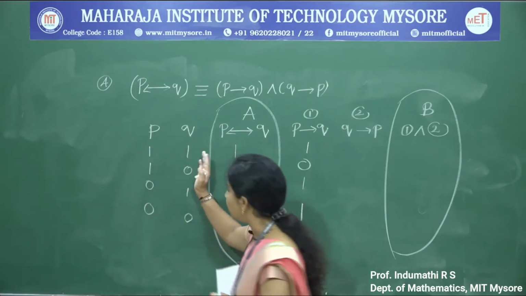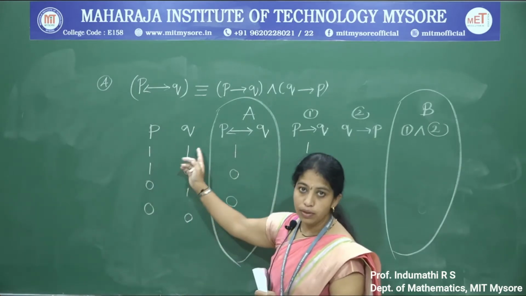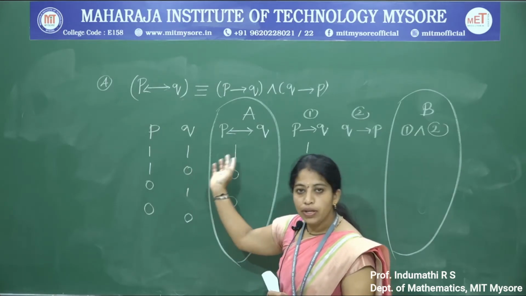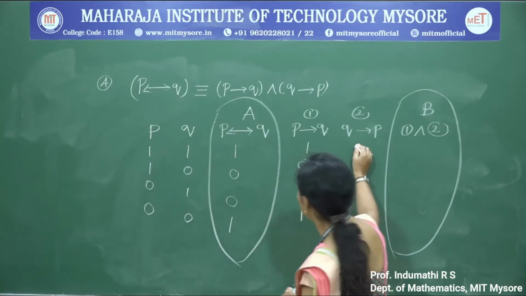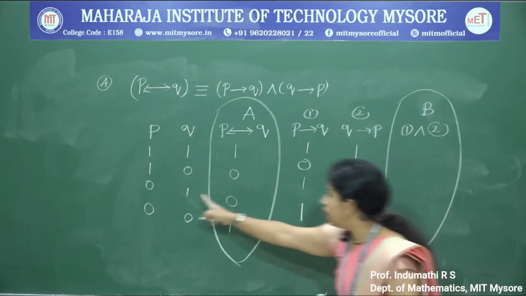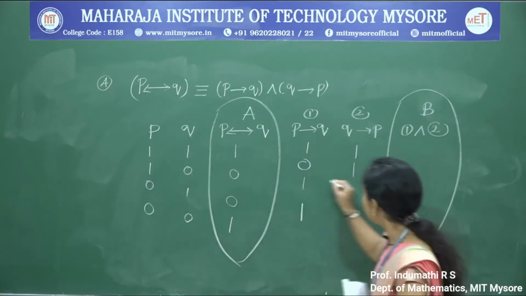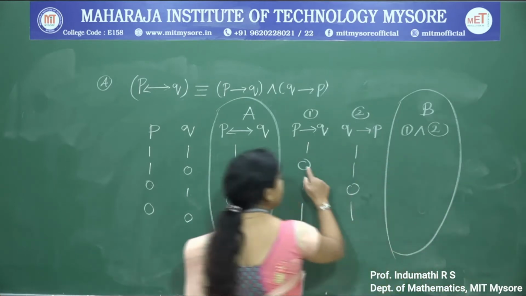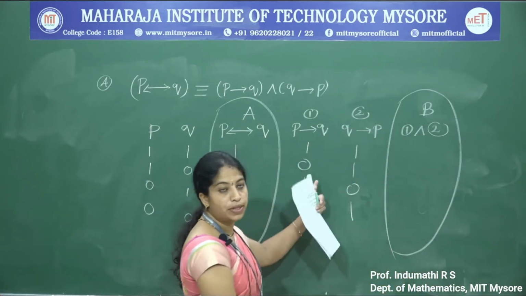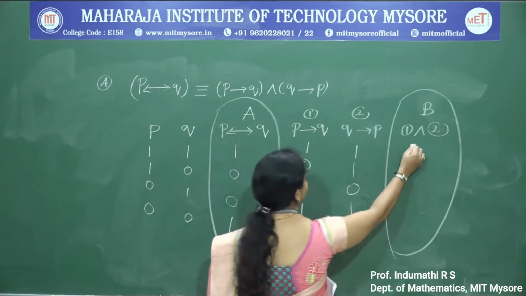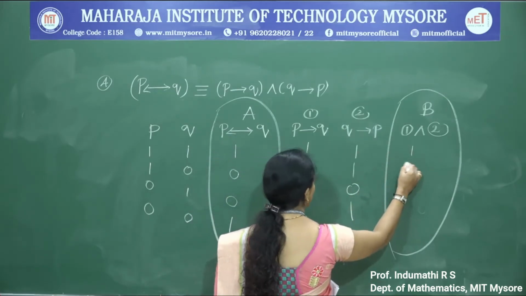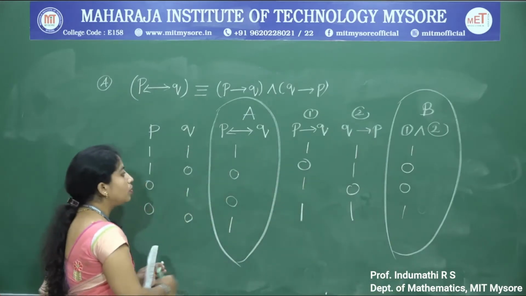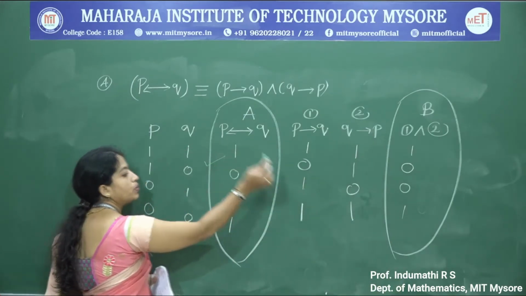Q conditional P. See, in this way, because P conditional Q is not equivalent to Q conditional P. 1 1 is 1, 0 1, again 1 0. Here 1 0 is 0, 0 0 is 1. Now the conjunction of these 2 compound propositions, that is 1 0 0 1. Now see the truth values of these 2 compound propositions.